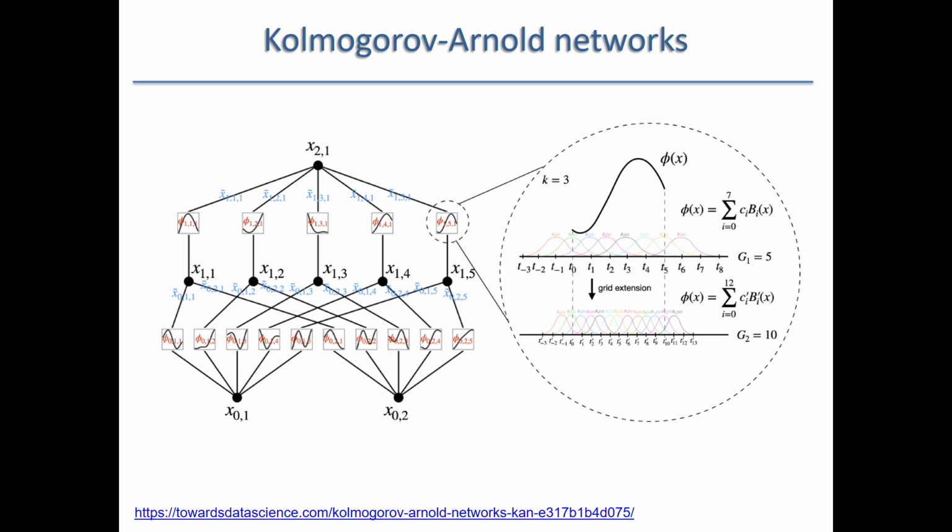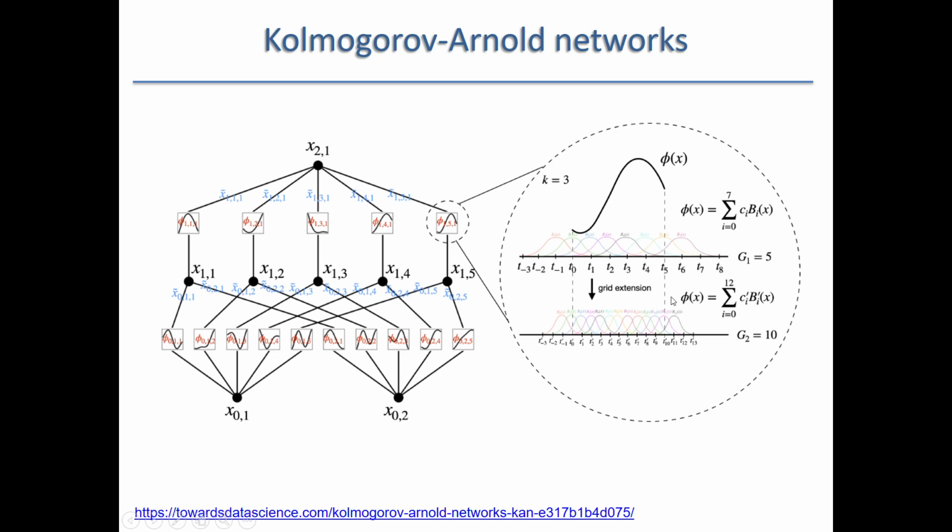Here we have an example of how these non-linear activation functions can be learned. You can represent them as a B-spline representation, and then all you have to learn is the weights of those small basis functions.